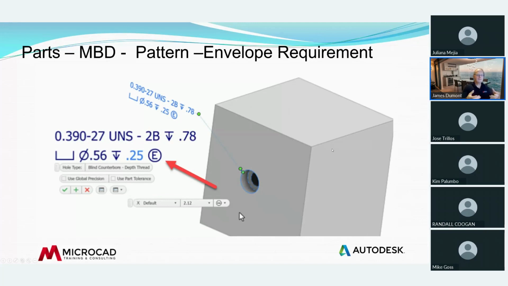This is a standard. It's built into the geometric tolerancing. So I'm not going to get into it, but they're focused on making sure that their software is industry-based. It's standards-based. So they keep updating the software to adapt to the new standards and the evolving standards. So this is the envelope requirement.